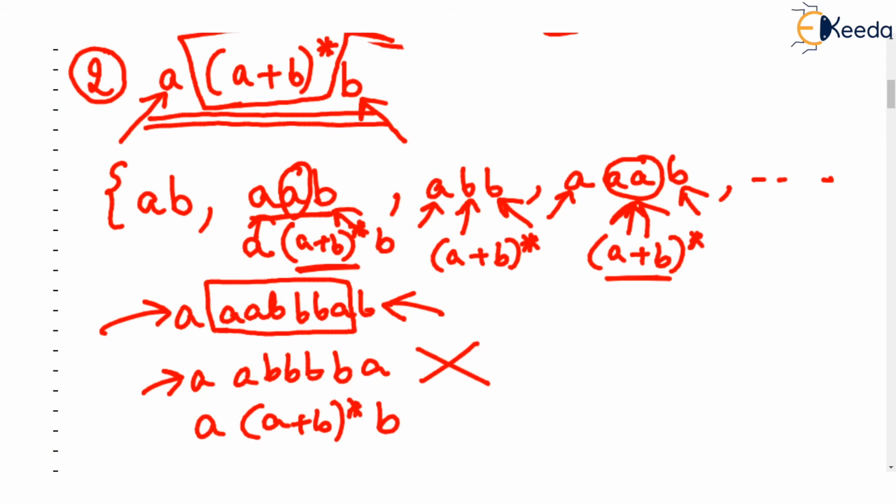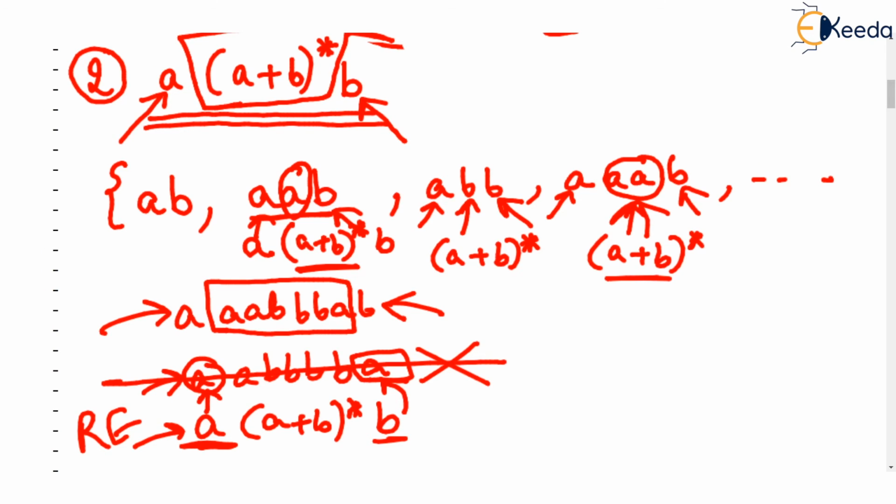Now, if you match this first A in the string with this A of the regular expression, you have to end your string with B, but the string is ending with A. The string should end with B. That's the regular expression given. So this string cannot be accepted. I hope you have understood how to read this example 2 regular expression.